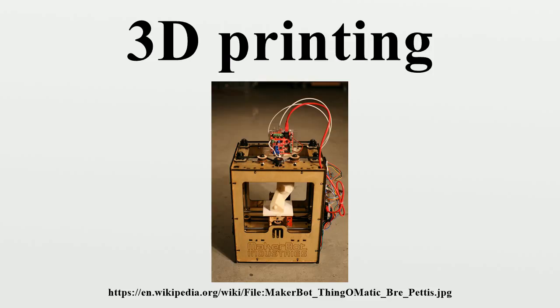Some methods melt or soften the material to produce the layers, for example selective laser melting or direct metal laser sintering, selective laser sintering, fused deposition modeling, or fused filament fabrication, while others cure liquid materials using different sophisticated technologies, such as stereolithography.